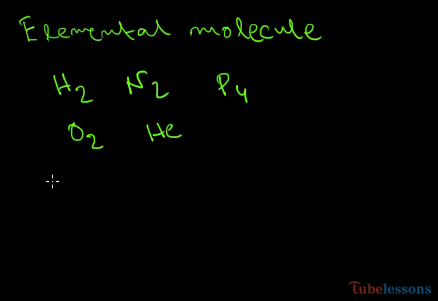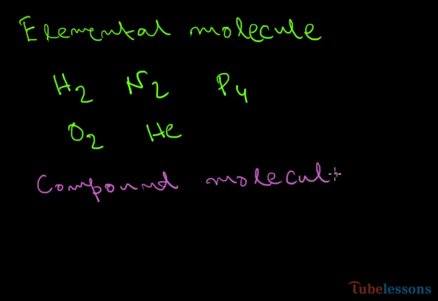And what is a compound molecule? Now, a compound molecule contains 2 or more elements. Example, water is a compound molecule. It contains 2 different elements, H and O. Nitric acid.